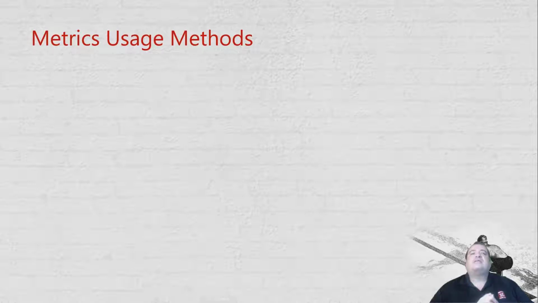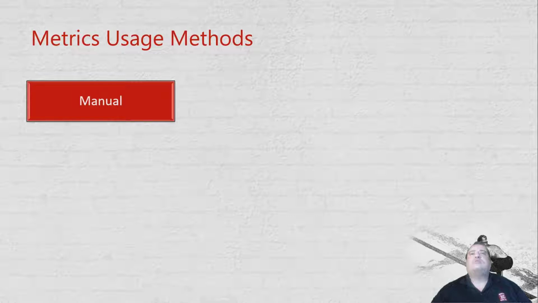Then, metric usage methods. How do we use the metrics? We can use a totally manual method. Why would we use a totally manual metric? We want to follow some metric, the progress of some task or some fact in the business, and we don't have a specific tool for that.